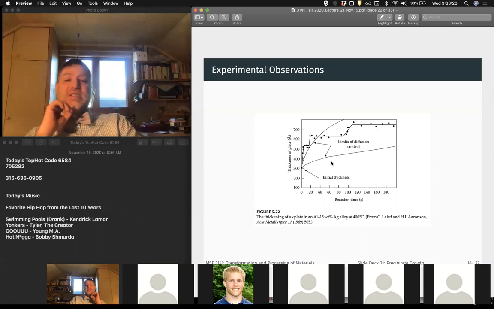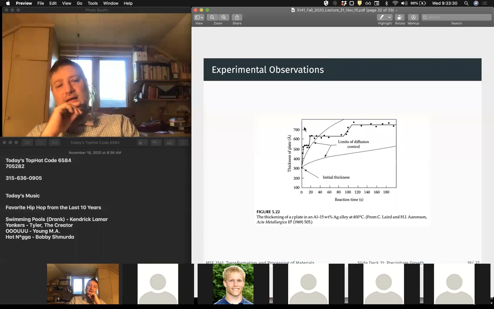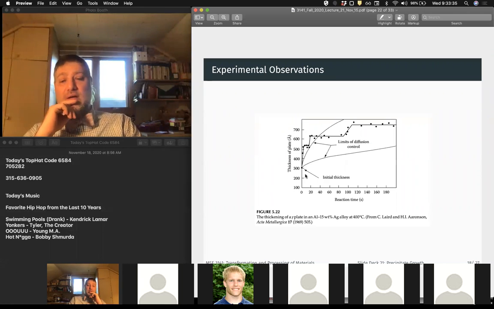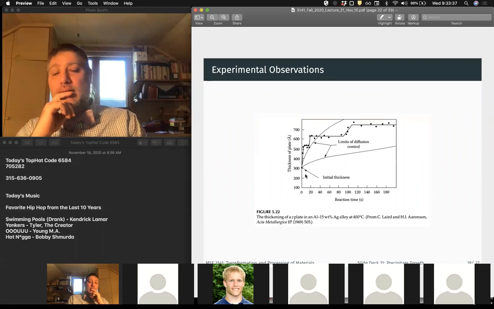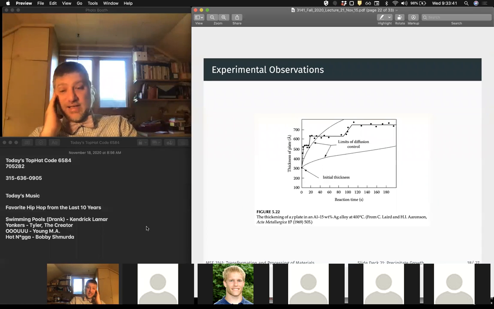And this is backed up by experimental observation, right? So this is a plate in a TEM experiment. Gravity does normally not play any role in the solid state transformation, right?